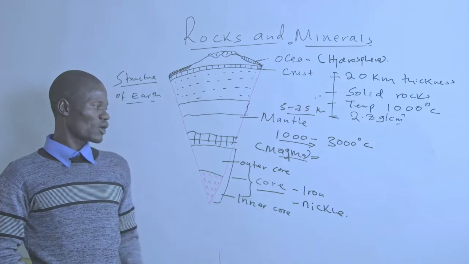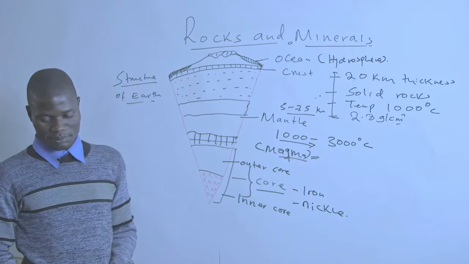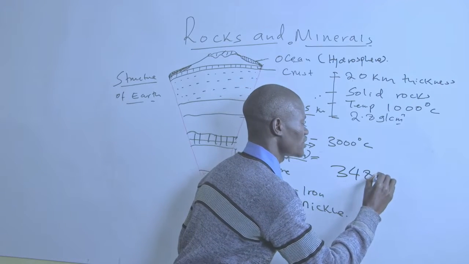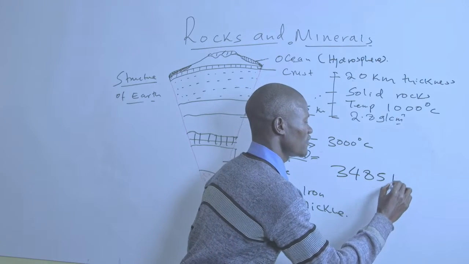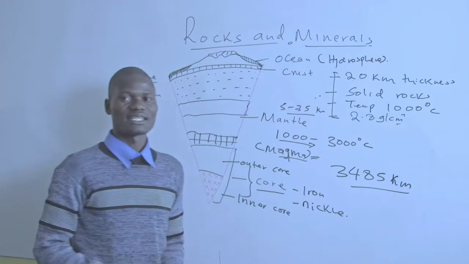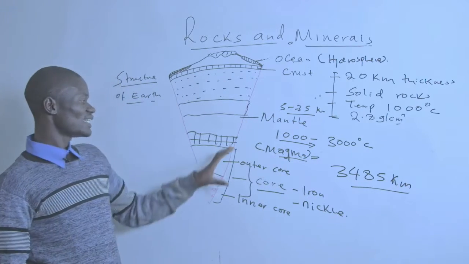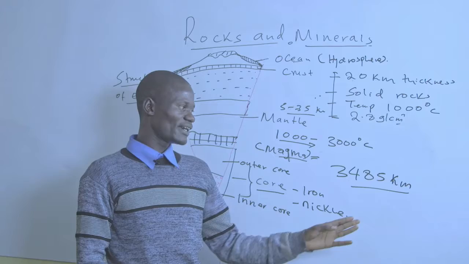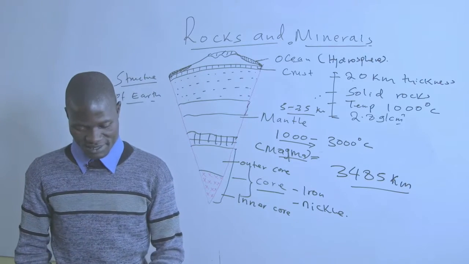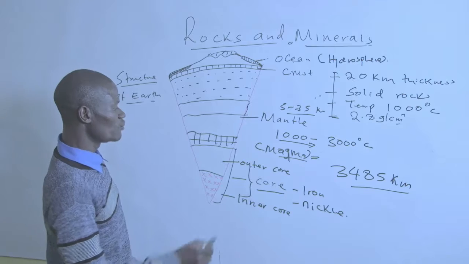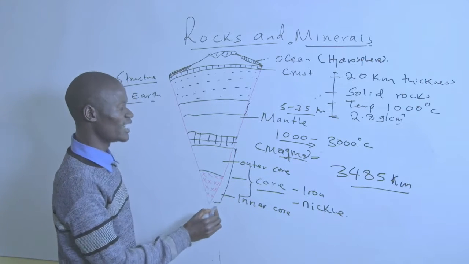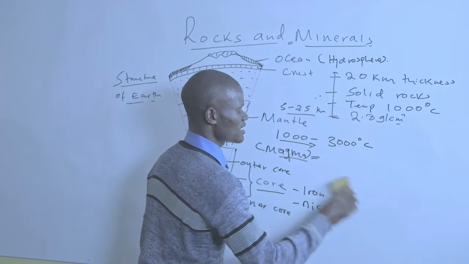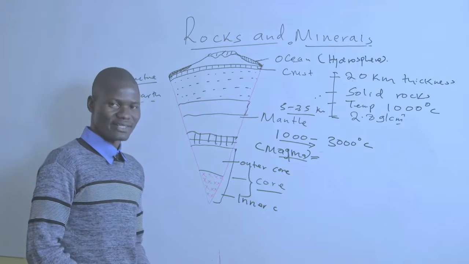The greater part of the core has a thickness of about 3,485 kilometers, of which, as you move from the outer core into the inner core, the temperatures also increase.